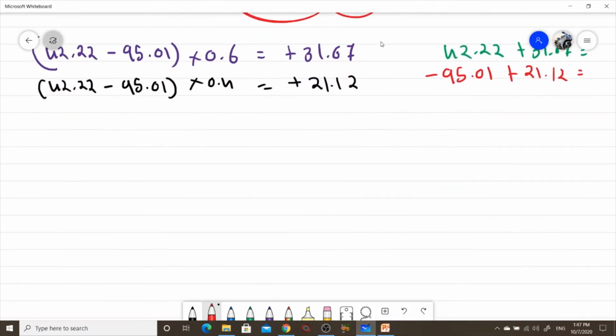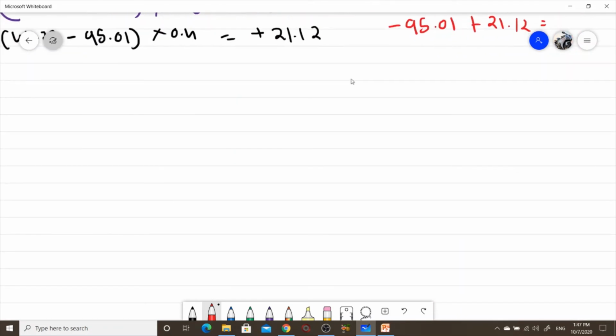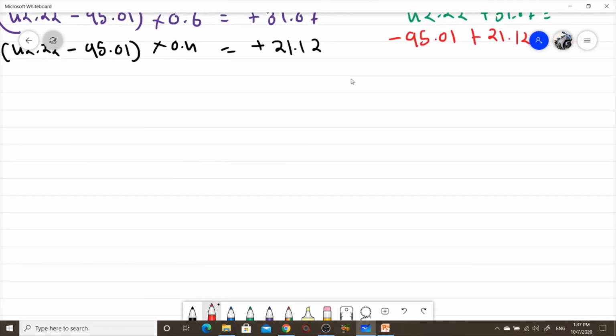So we need a maximum bending moment. These are 73.89 kilonewton meter, this moment at a support. But this moment is not a maximum. So what do we need? We need a maximum bending moment.